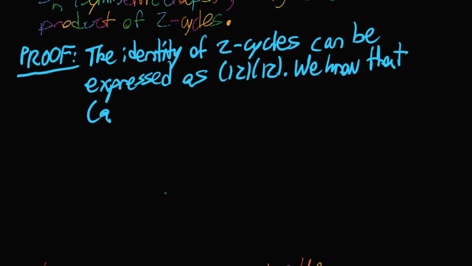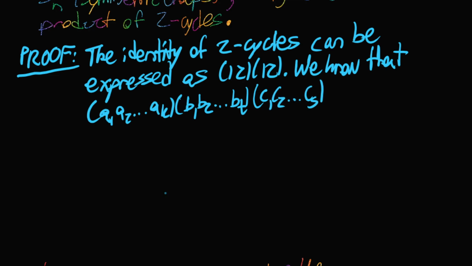the products A1, A2, and so on up to AK, and B1, B2, and so on up to BT, and then C1, C2, and so on up to CS, where K, T, S are natural numbers.